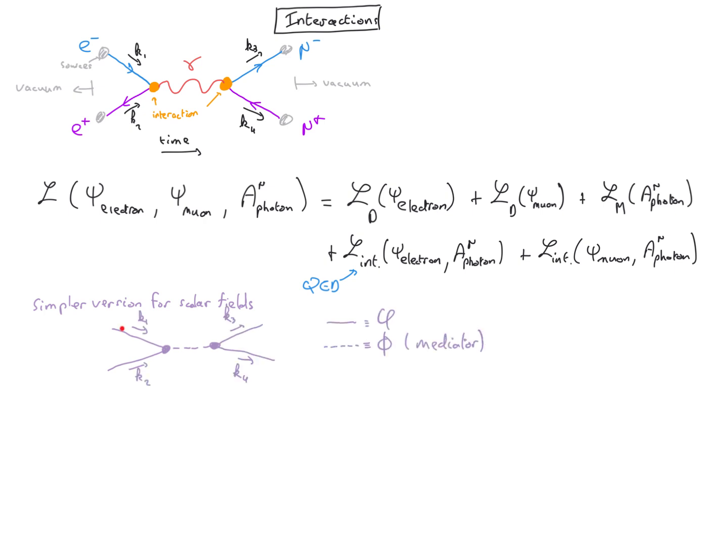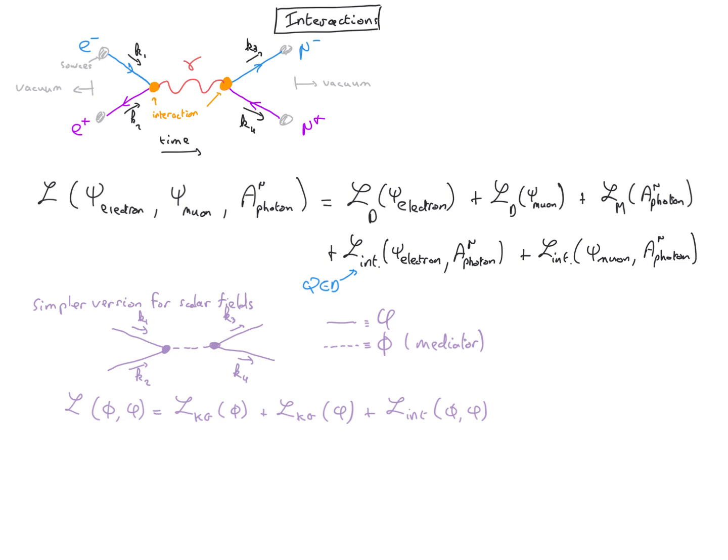And we will assume that the initial and final field is the same. In that case, the Lagrangian depends only on two fields, big phi and small phi. Big phi is a mediator, so represented by a dashed line, and small phi is the incoming and outgoing perturbation of the field.